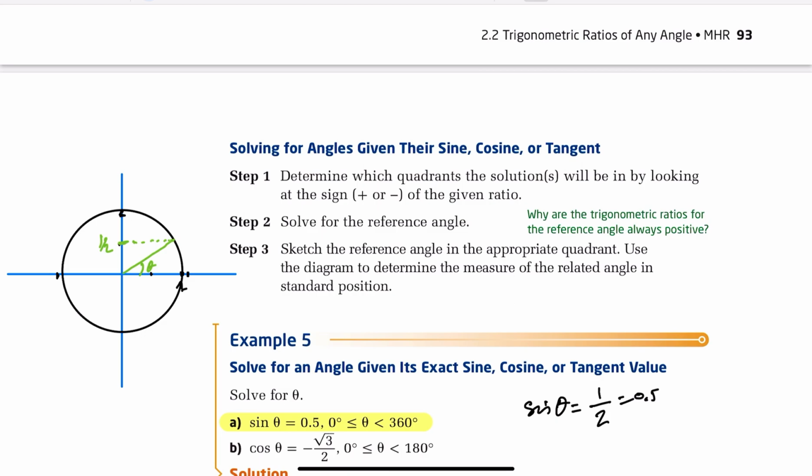Because I know that sine is the opposite over the hypotenuse, and my opposite is a half, and my hypotenuse is 1, or my r is 1.